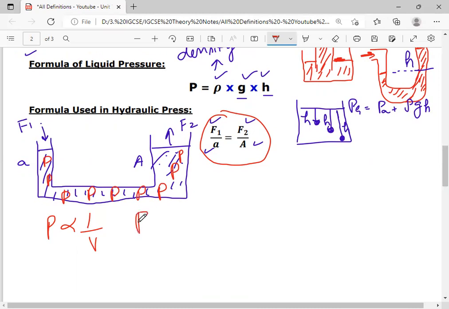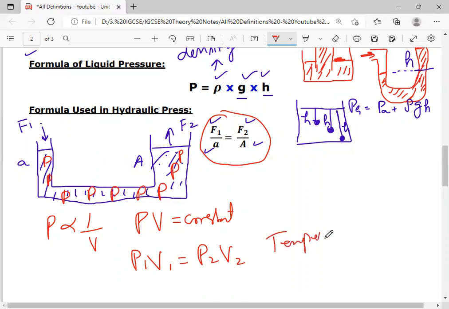From here we can see that the product of pressure and volume is constant, and for two different pressures and two different volumes we can write P1 V1 is equal to P2 V2. Provided that one thing is very important: temperature is kept constant.